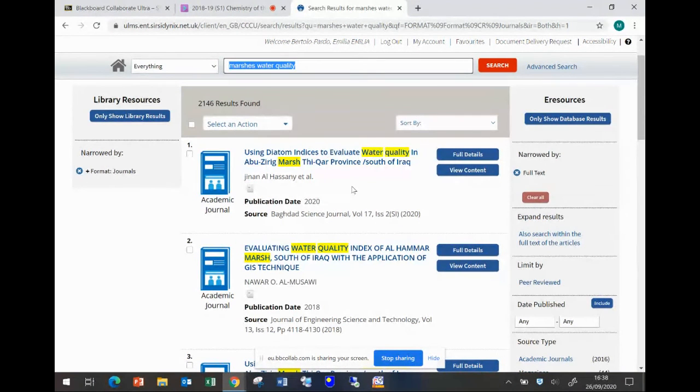The results of the Handbrook Marshes practical could still potentially be used to put those results in context with what other people are doing in terms of determining water quality in marshes across the world. So it could be a nice paper, depending on what the paper is about, to talk about my results in the discussion section.